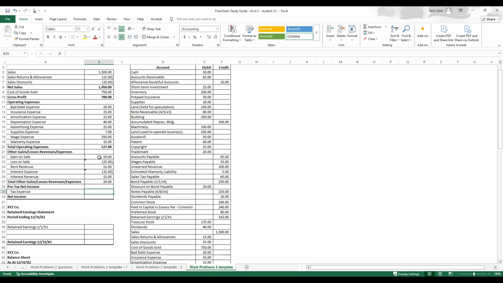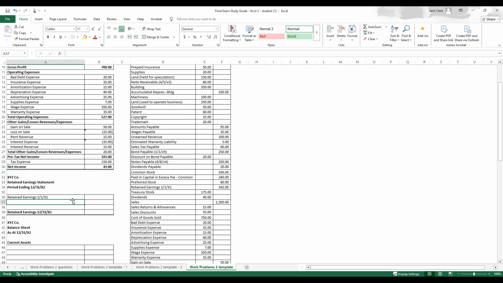Oh, and let's not forget tax expense. And pre-tax net income then is gross profit minus operating expenses plus, in this instance, a positive net other, and then subtract tax expense, and we arrive at $43 of net income for the period.